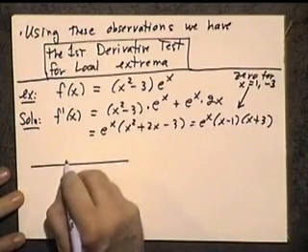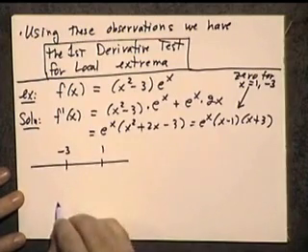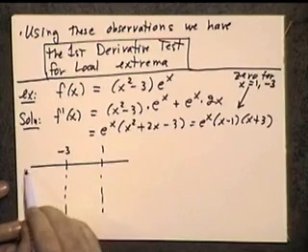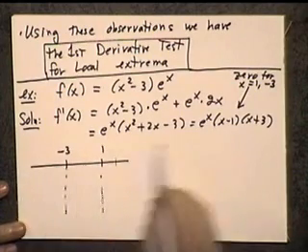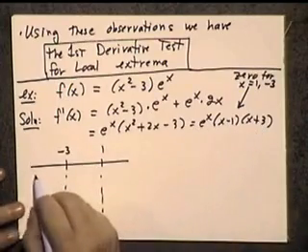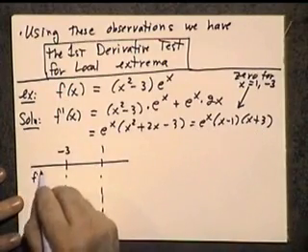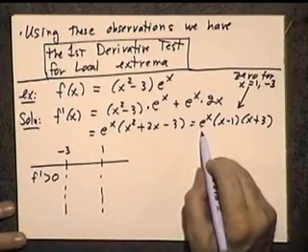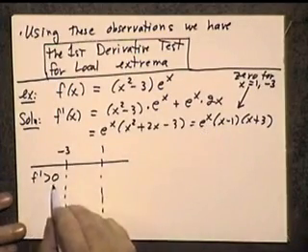So if we build our usual chart here with -3 and 1, if we go way below -3 to minus a million, and we put that in here, this will be negative. This will also be negative. So the product will be positive. f'(x) will be greater than 0. And I didn't mention it, but e^x, of course, is always positive. So this becomes positive.